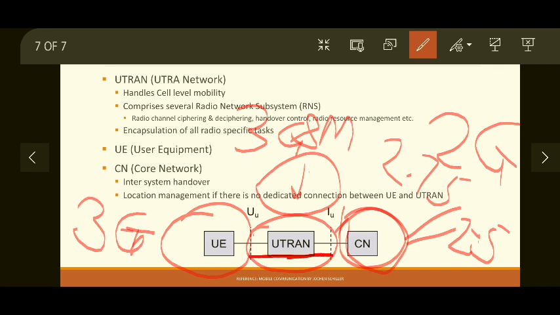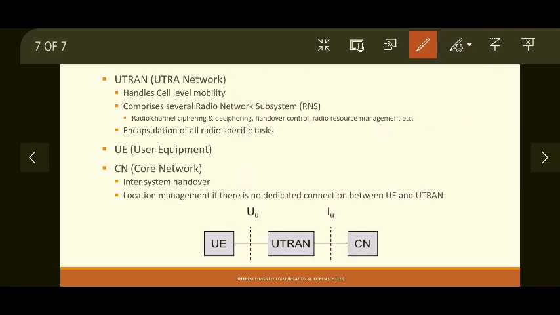The details of these two components we will see in the next video, but right now the summary or overall picture is that core network is responsible for inter-system handover as well as communication with the lower versions of the GSM, and UTRAN is responsible for improving the data rates up to the standards specified by the third generation. Okay, detailed functions of all these UTRAN and core network we will see in the next video.